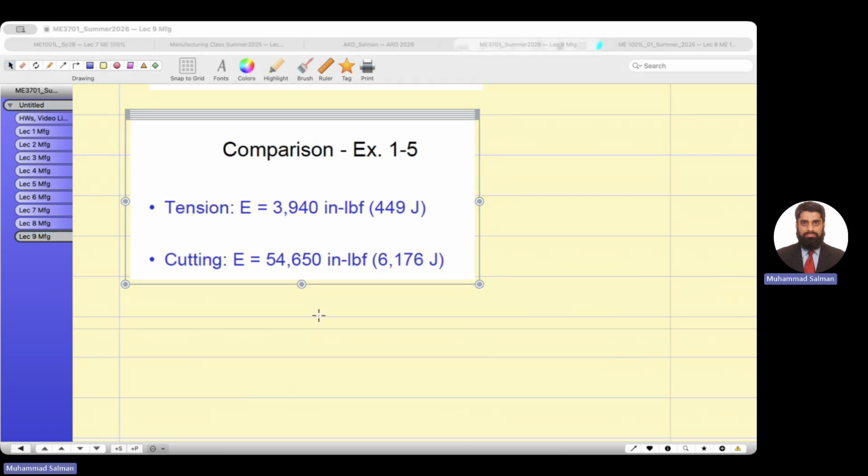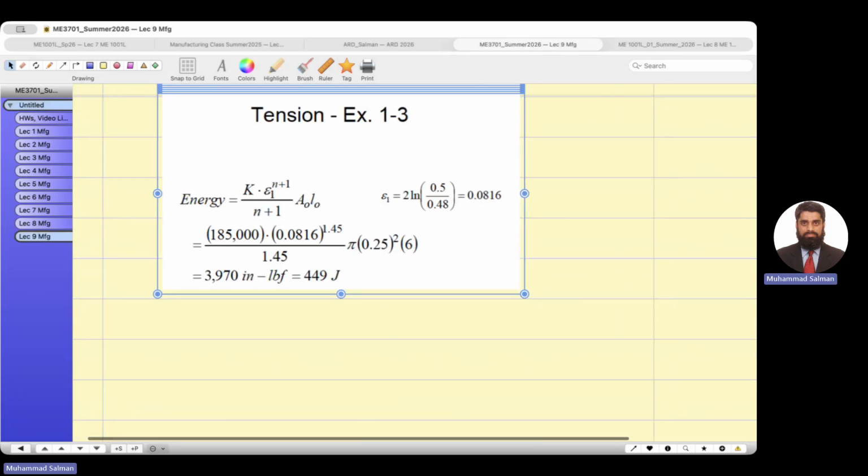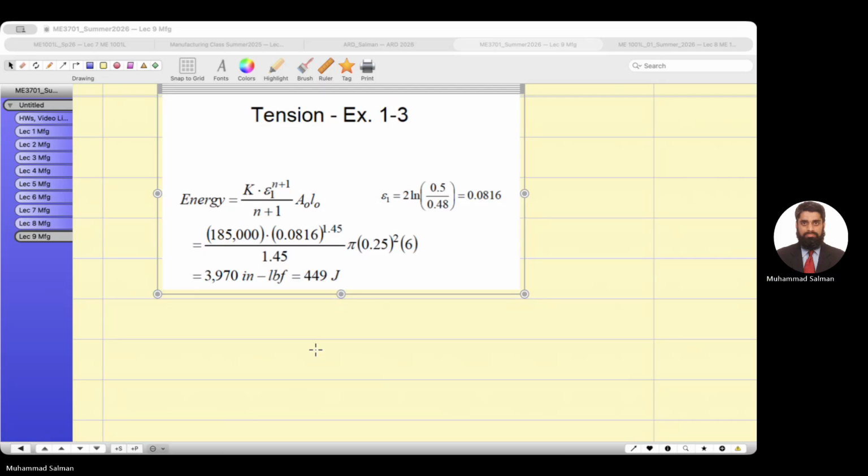I would say when you go home, practice this problem again. I'm going to open this homework for the machining operation, and we will solve from here on, let's say, next week.